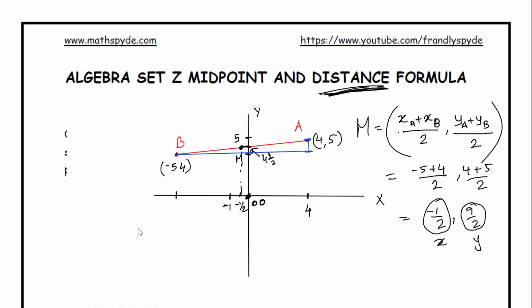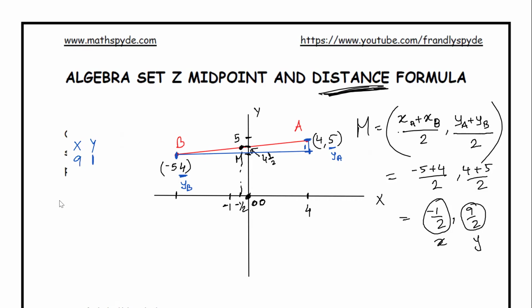The y-coordinate goes from 4 for B to 5 for A, so there's a jump of 1 unit, the vertical distance between point A and point B. Similarly, the horizontal distance is from -5 to +4, a displacement of 9 units. So the x part is 9 units.